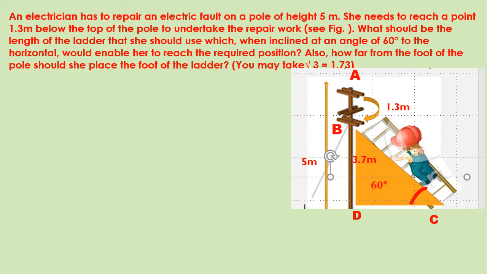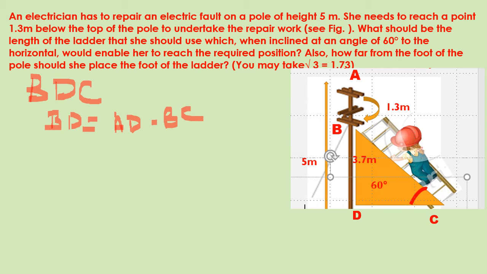The first step you have to know is that the right angle triangle is BDC. Therefore, we need to find BD, which is AD minus BC.